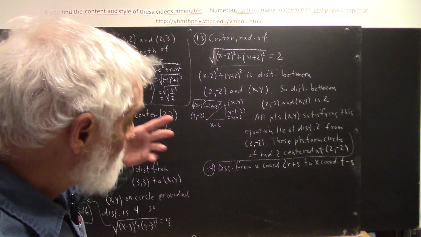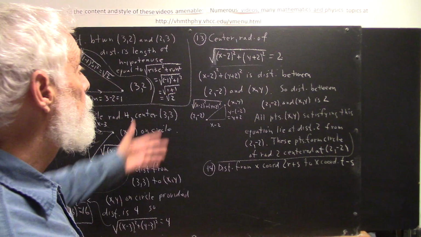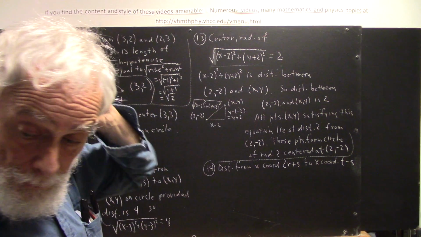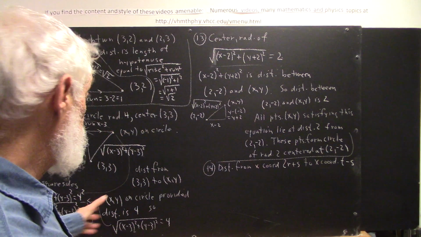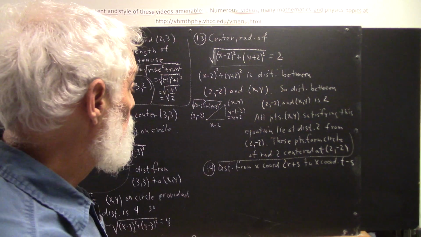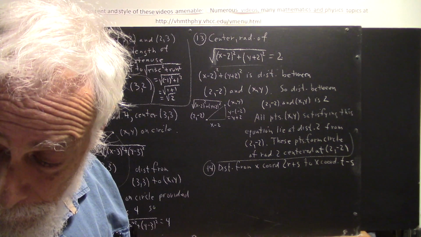Okay, now, there's more I could say here, and you have a general form for the equation of a circle, and in light of what we have here, you should be able to verify what I'm about to say.